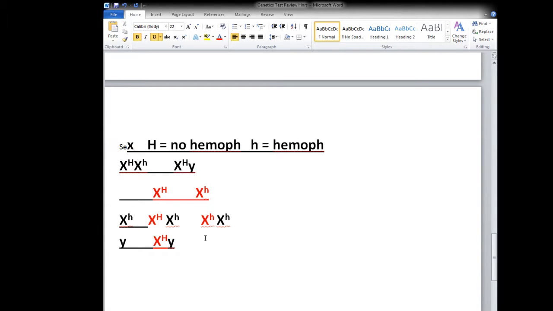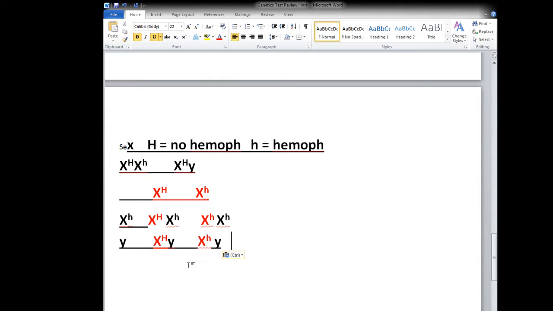And then lastly, so males, this is the dad over here with the XY chromosome combination. And so the dad could either give X little h, or he could give the Y. He could give away one of his alleles.